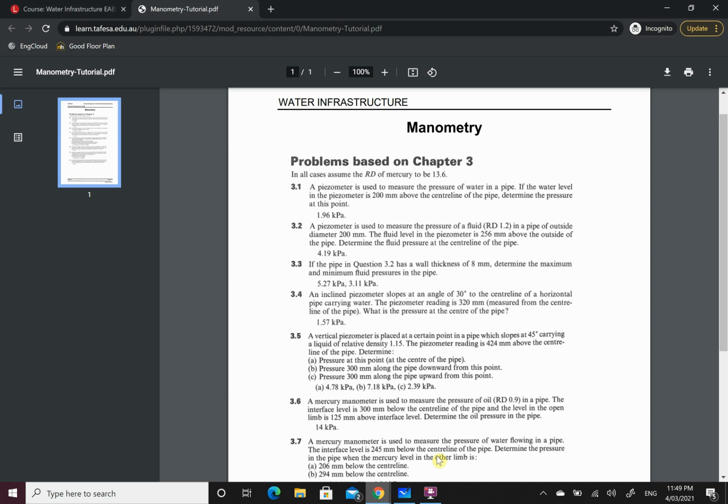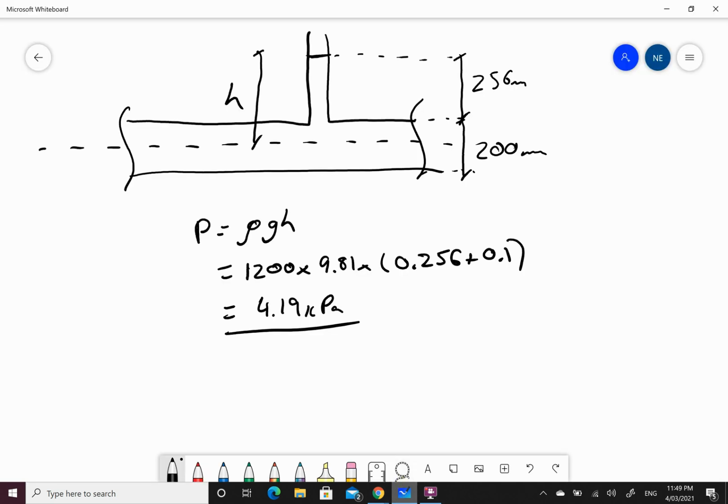Now 3.3. The same pipe we just looked at has a wall thickness of 8 millimeters. Determine the maximum and minimum fluid pressures in that pipe. So here I have a thickness of the pipe, and here I have a thickness of the pipe.